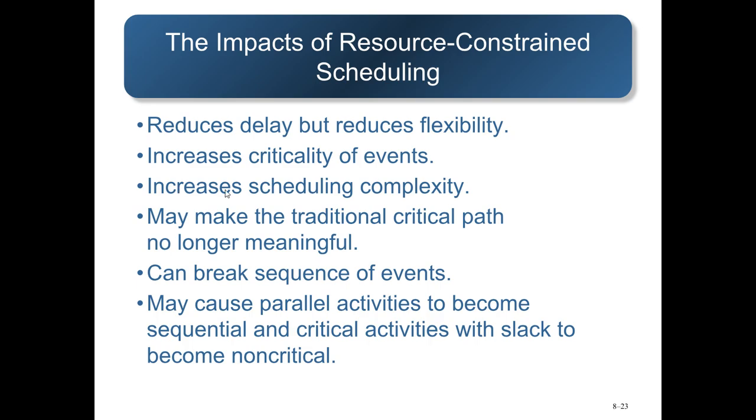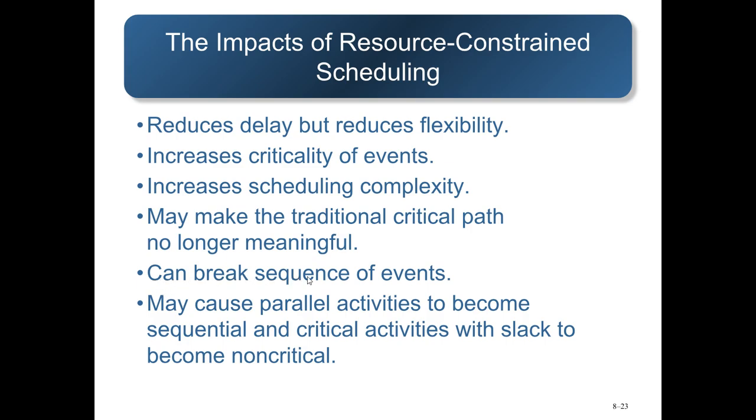Next would be increased scheduling complexity, in the sense that resource constraints are added on top of technical constraints considerations for the project. Next, it may make the traditional critical path no longer meaningful, with changes on the critical path based on the project networks.